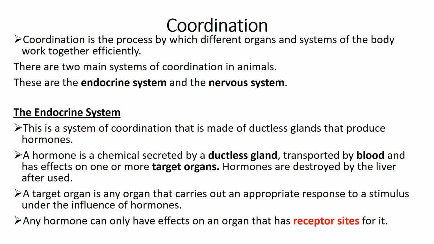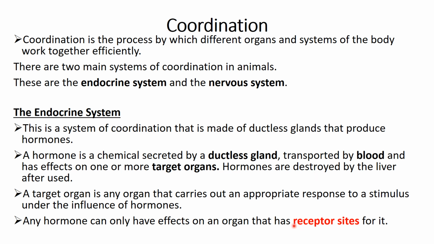So any hormone can only have effects on an organ that has receptor sites for it. There are different hormones in the body. How do hormones know which organ to act on? A given hormone can only act on an organ that has what are called receptor sites for it.